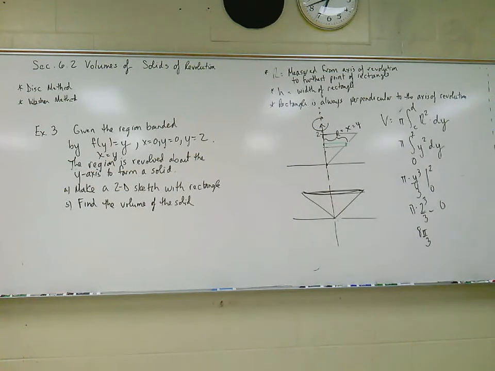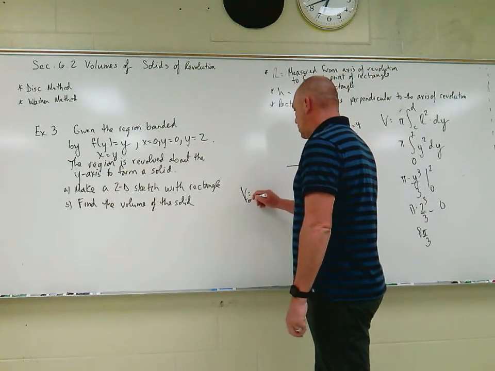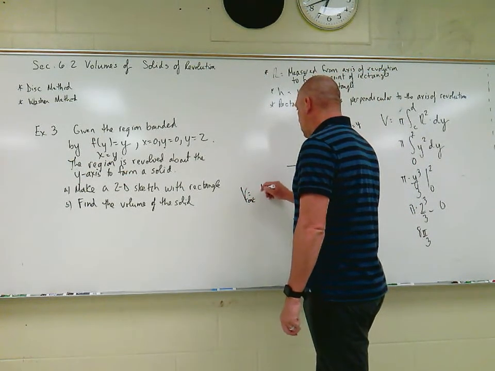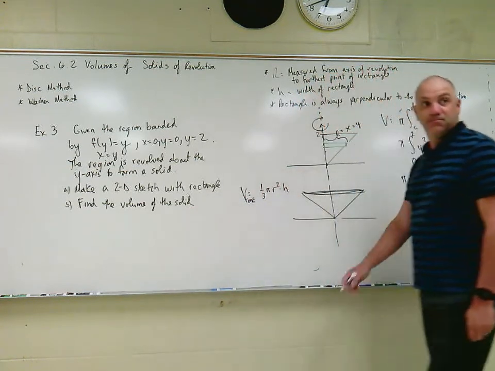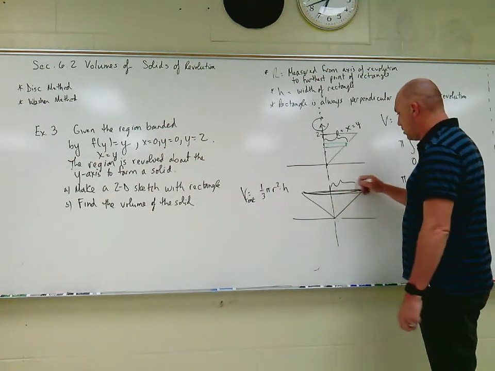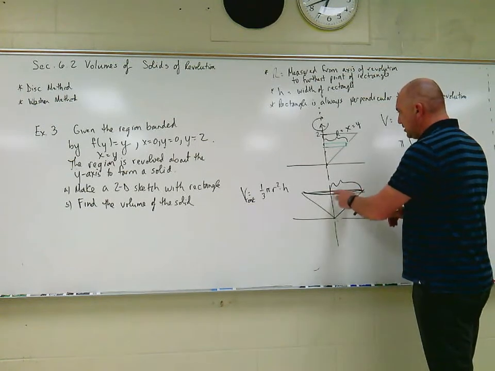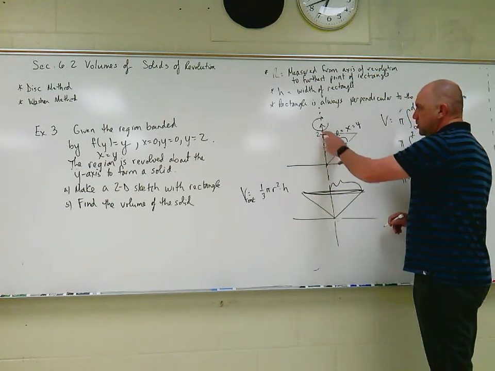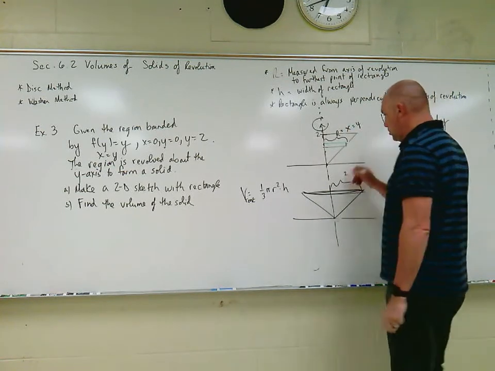All right, let's see if that is the volume of a cone. The volume of a cone is 1/3 pi r squared h. The radius of the actual cone, if this is 0 to 2 this way, has to be 2.